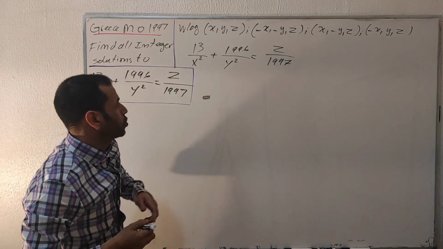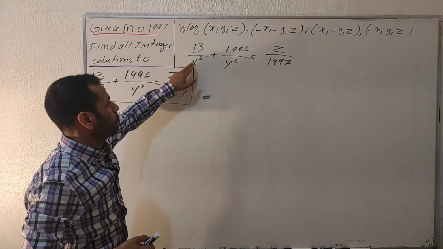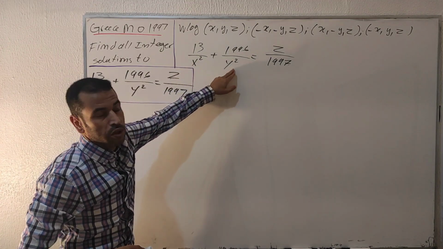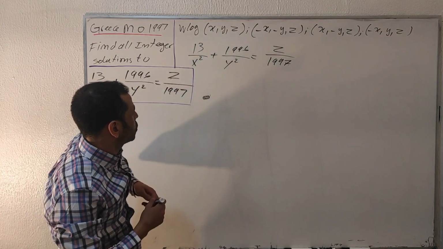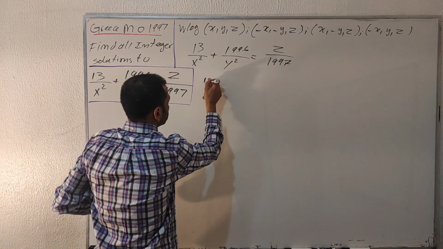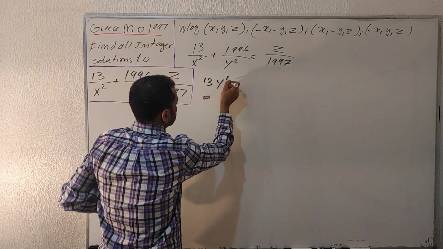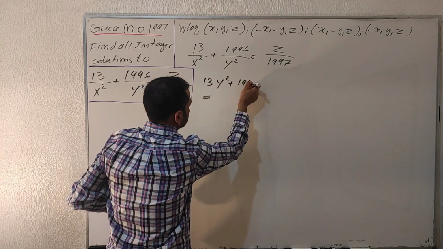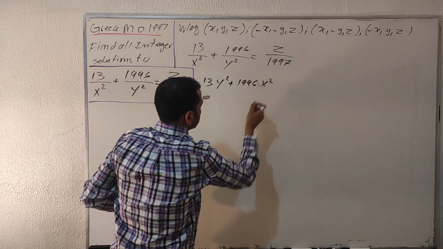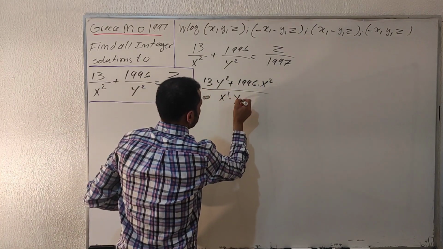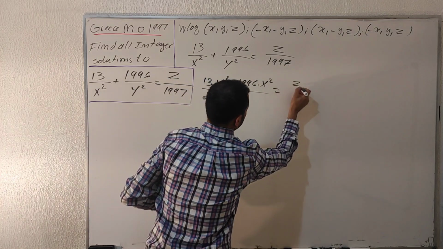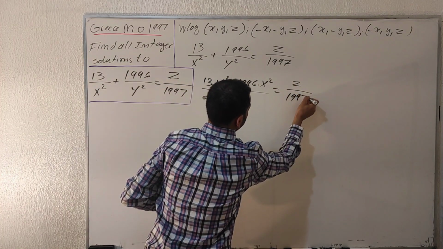Now I'm simply going to cross multiply by making x squared and y squared the common denominator. So I get 13 multiplied by y squared plus 1996 multiplied by x squared as the numerator, divided by x squared multiplied by y squared, equals z divided by 1997.